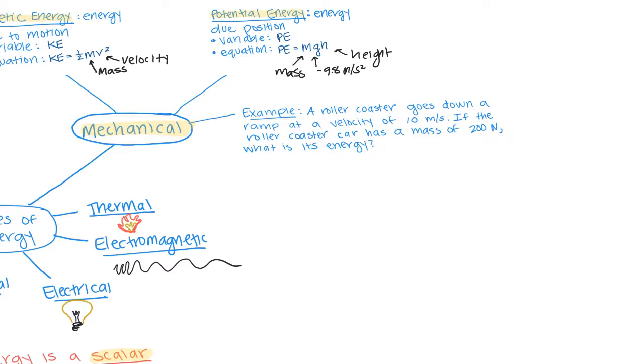Now, what we are getting at when we talk about energy due to position, we're thinking about the energy of the object according to where it is and what its height is. So if we think about a ball having a certain amount of potential energy, a ball that has a height of 2 meters off the ground, I'll draw that here, has a little bit less potential energy than a ball at a height of 4 meters off the ground.